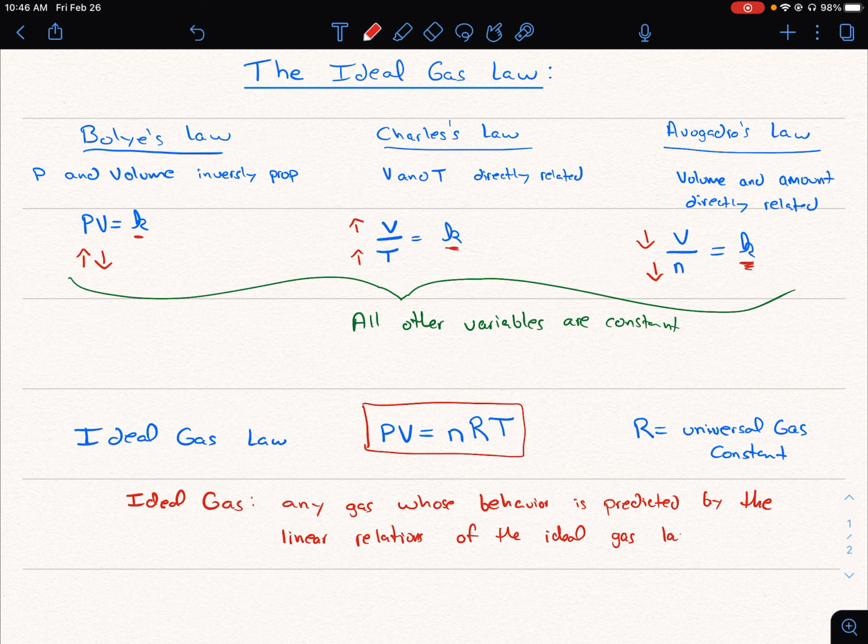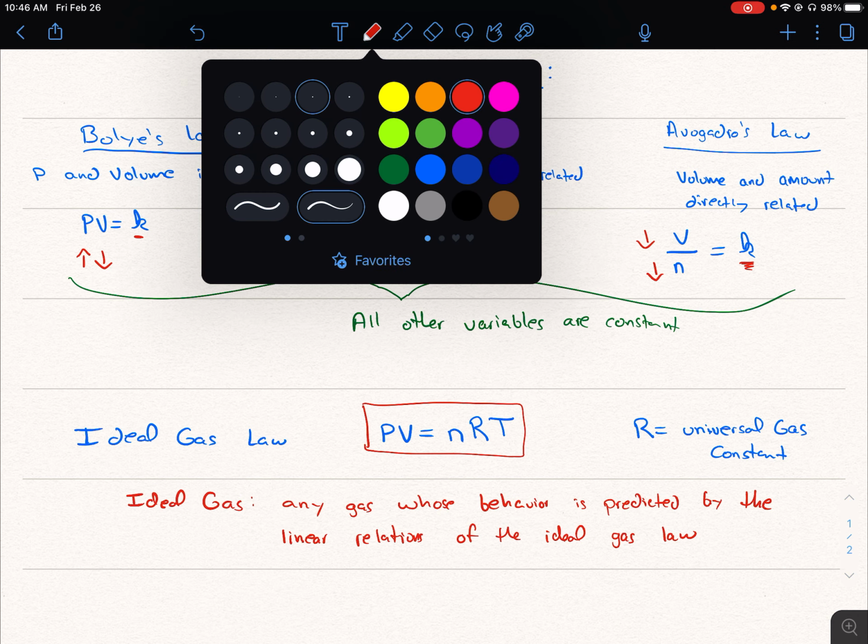And so what that means is anytime we have an ideal gas, it just means it obeys this mathematical equation. And when we think about what that means physically, an ideal gas is a gas in which the gas molecules don't interact with each other. So they are all separated from each other.